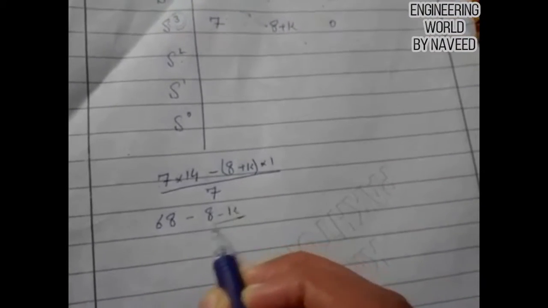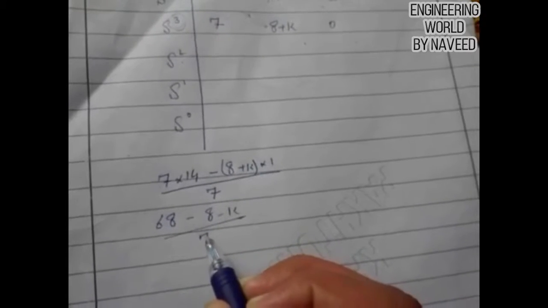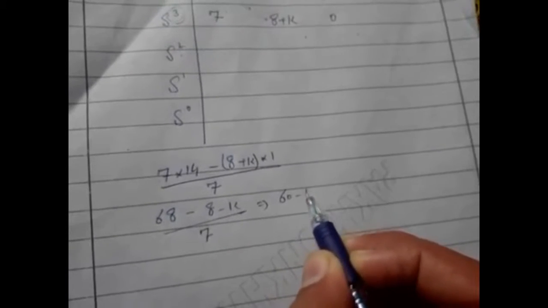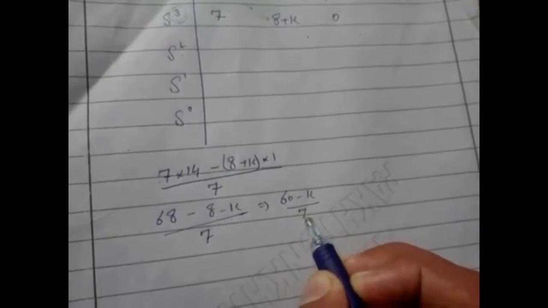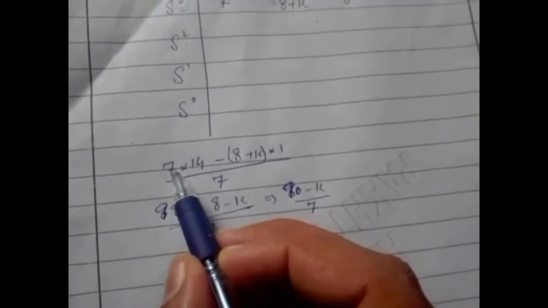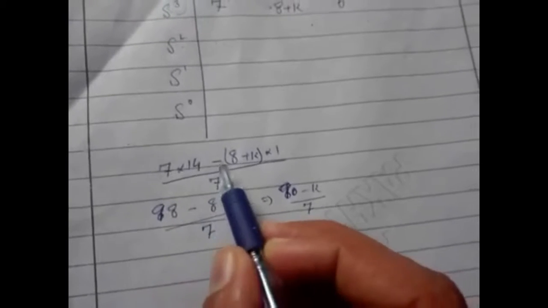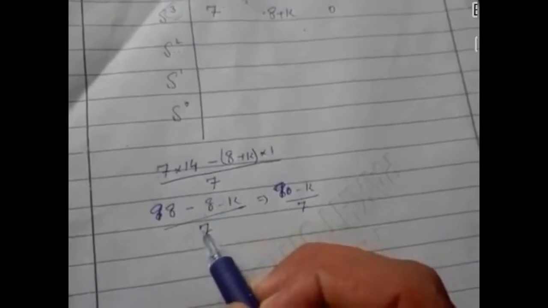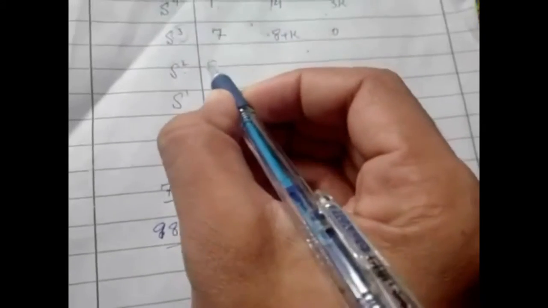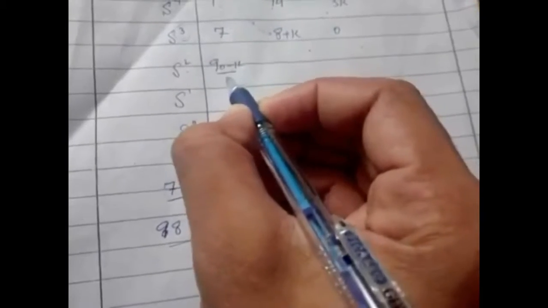From 7 into 14 we get 98 minus 8 minus k, divided by 7. I made a little correction. So from here you get 90 minus k divided by 7, and we write 90 minus k divided by 7.